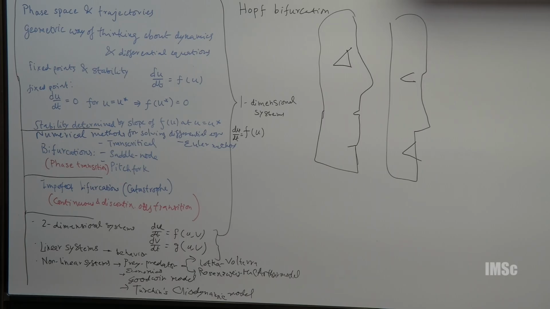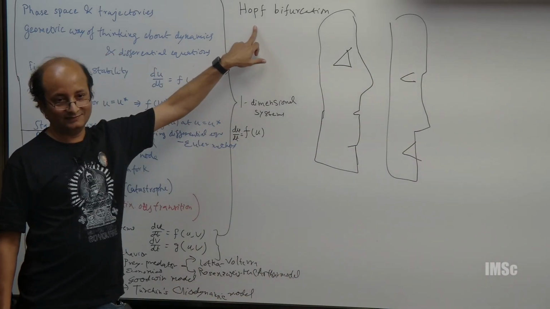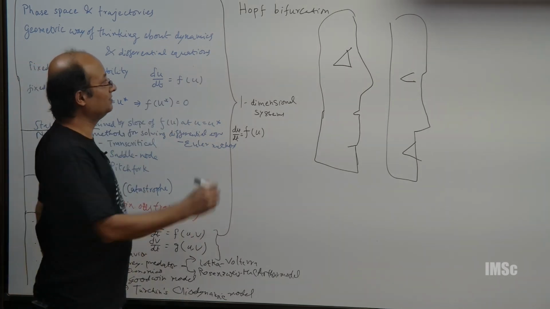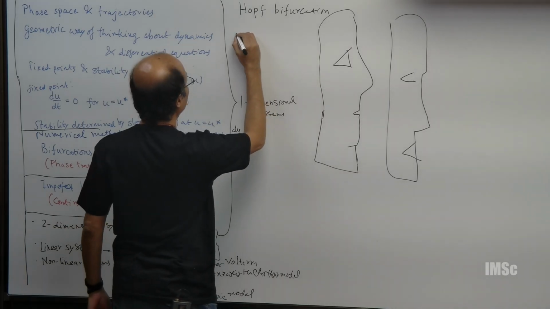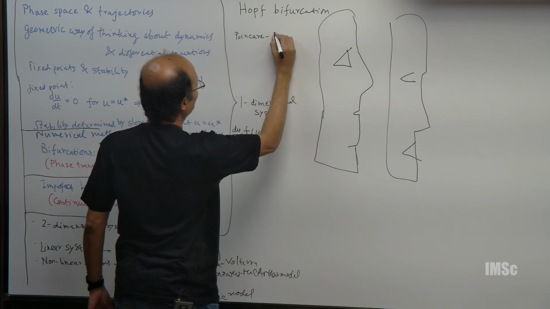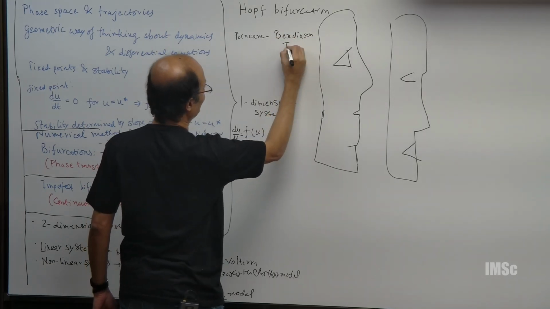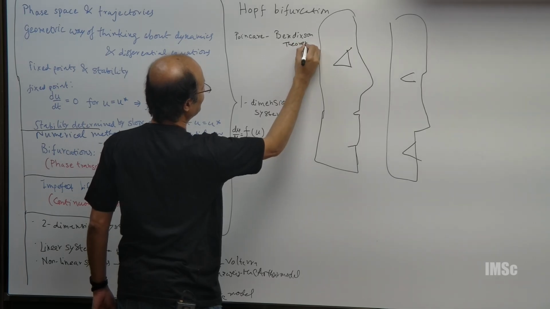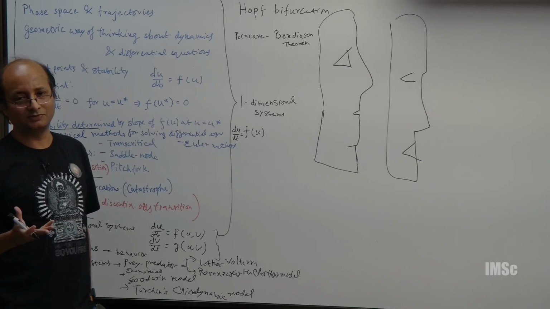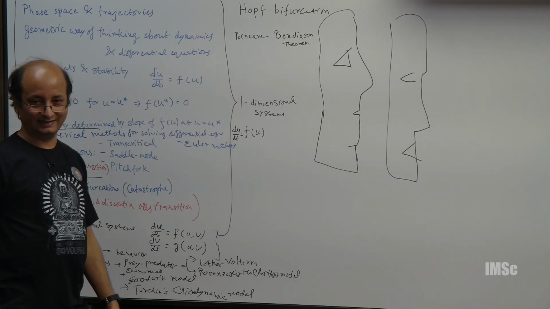The bifurcation which leads from a fixed point to an oscillation is a Hopf bifurcation. There is a theorem associated with it named after Poincaré and Bendixson. I won't do the theorem, just tell you that if you want to show that a particular 2-dimensional system is capable of oscillation, the Poincaré-Bendixson theorem gives you some ideas.